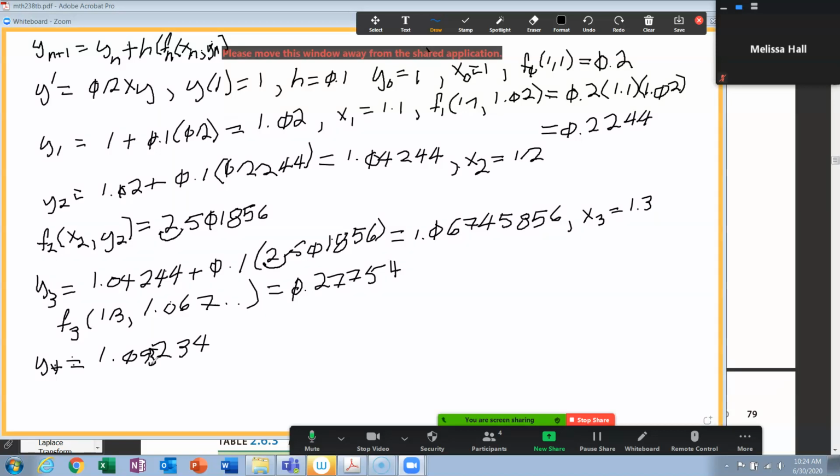You go on to do x2, you do your f2, x4, and do your f4, where you plug your x4, y4 back into your f up there, 0.2 times xy. Okay, so they come up with the y sub 5.